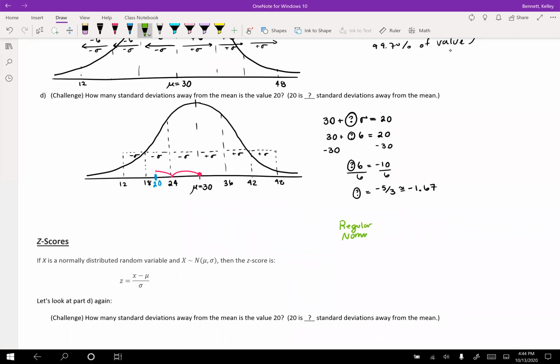That's not the official name, just FYI. Mu and sigma are just numbers that are given to us. For the standard normal, we're given that mu is equal to 0 and sigma is equal to 1.